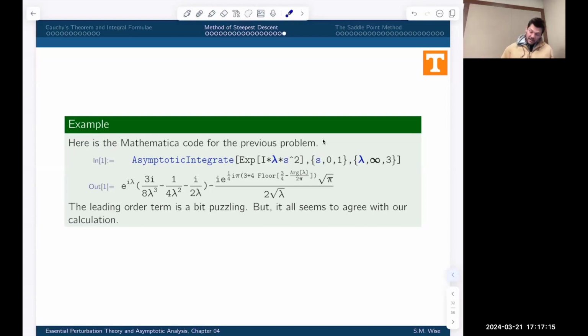I just said, give me, for this integral, integrating from s equals 0 to s equals 1. So this is the original contour integral, which actually wasn't a contour integral at all. Give me the asymptotic expansion as lambda goes to infinity, and give me 3 terms. And it gives you something which appears to be basically correct.